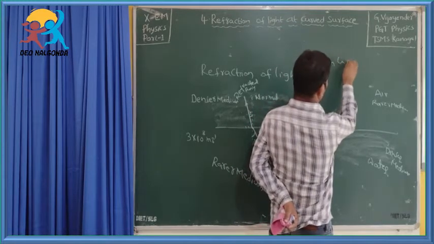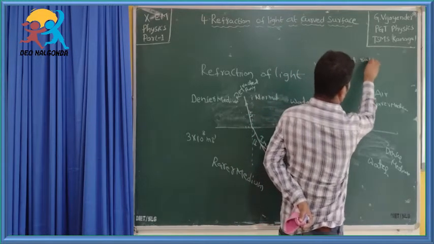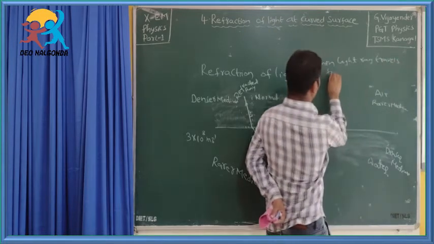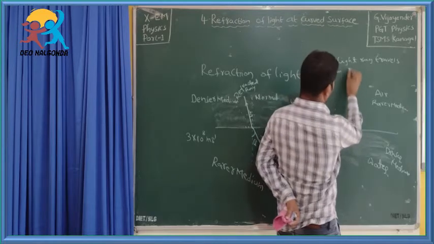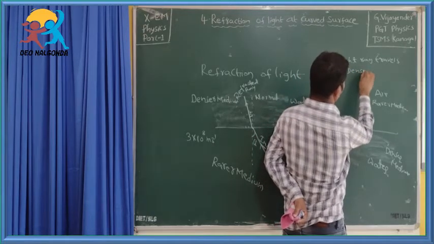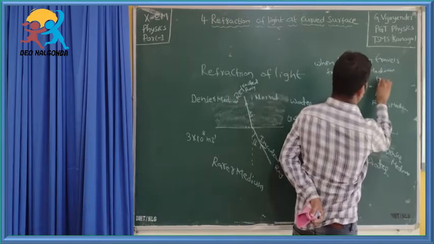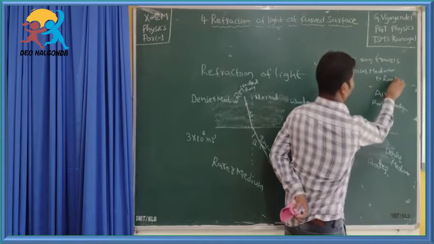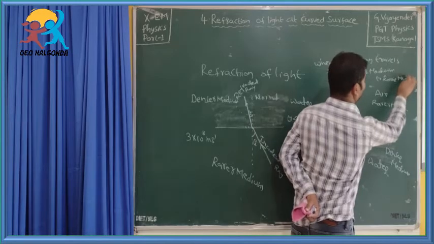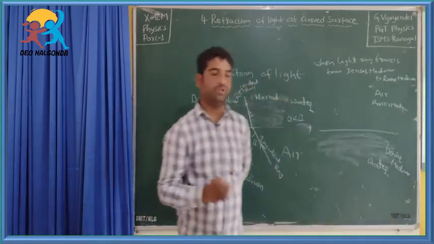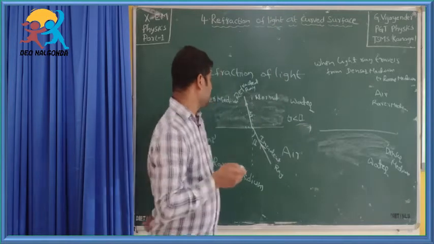When the light ray travels from denser medium to rarer medium, how does the refracted ray behave?